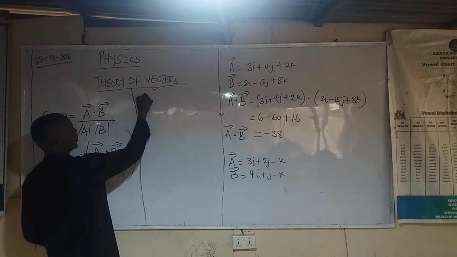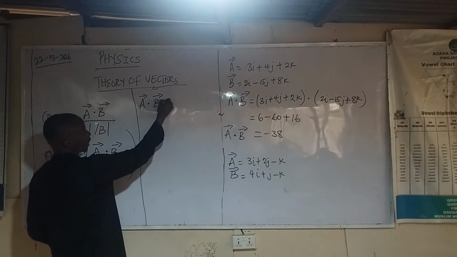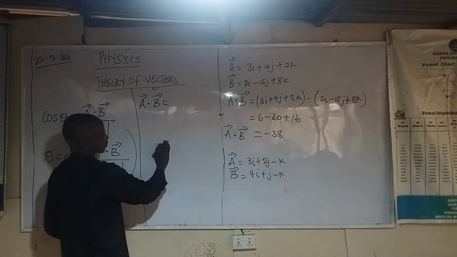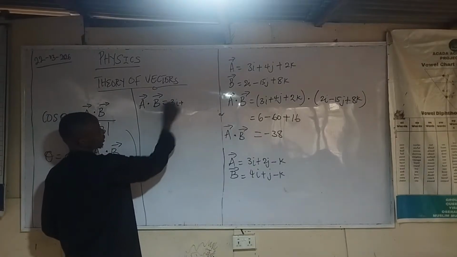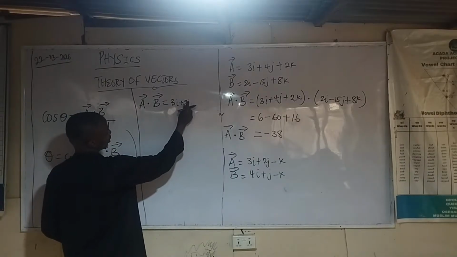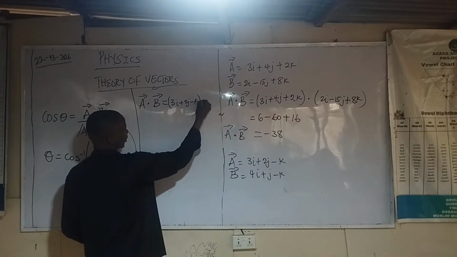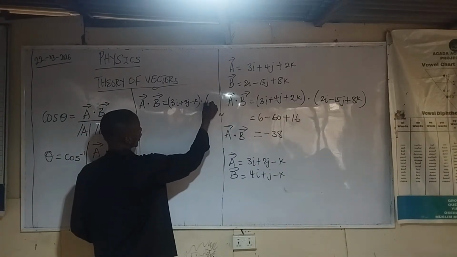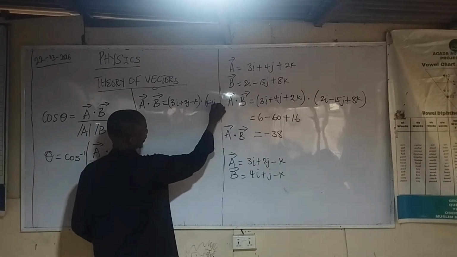So A dot B, what you first look for is A dot B. That is 3 times 4. 3i plus 2j minus k, dot 4i plus j minus k.